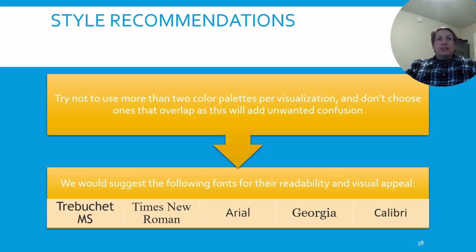These are the fonts that have been studied and have the best readability on screen and on paper. Trebuchet, Times New Roman, Arial, Georgia, and Calibri have demonstrated that they are really good to convey messages.